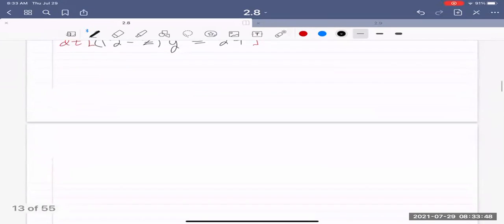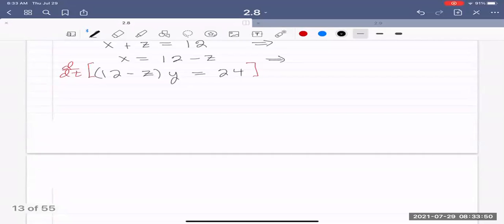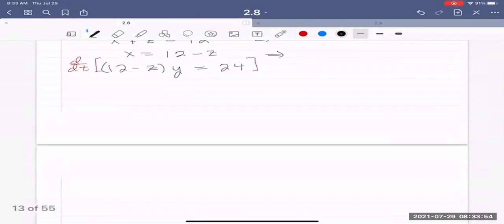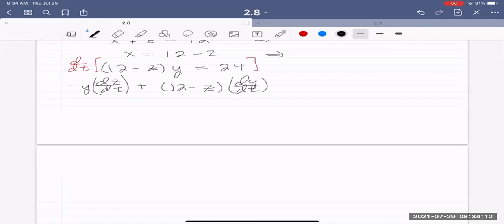Let me use the product rule. The derivative of the first times the second plus the first times the derivative of the second. Well, the derivative of 24 is 0.